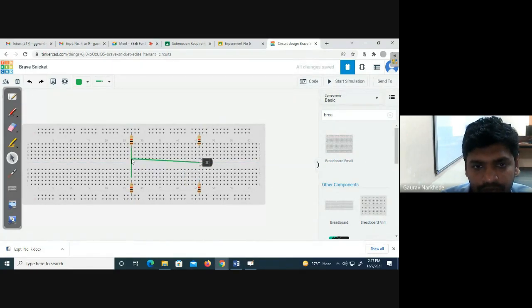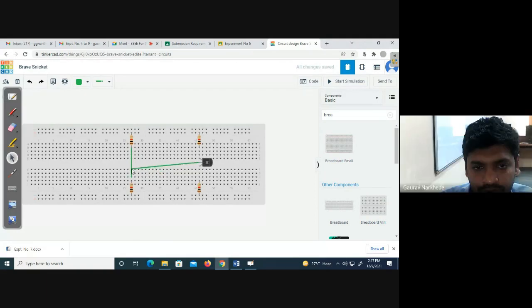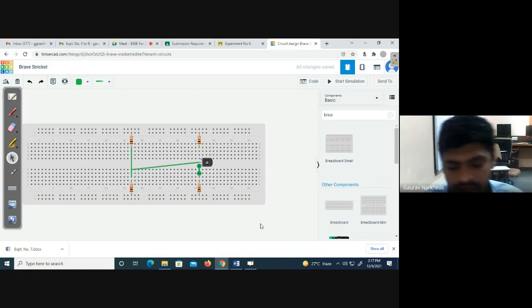Is it okay if I connect it here? Yes, sir. Then these are automatically short circuited. Now this we should connect here. This is connected.